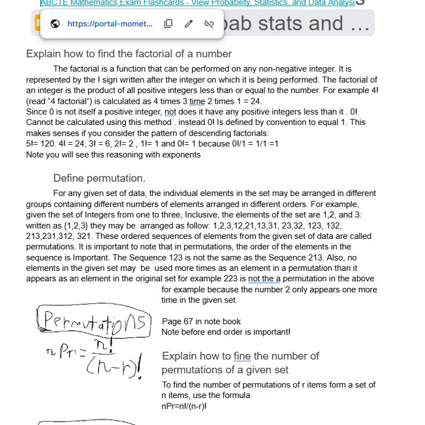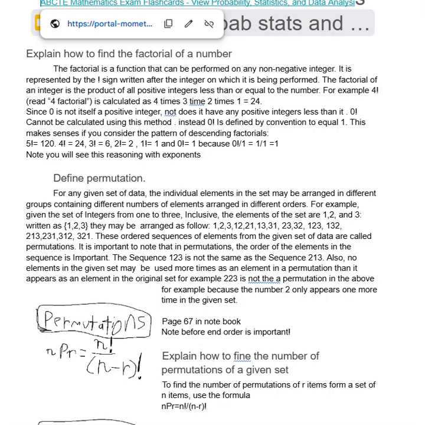Since 0 is not itself a positive integer, it does not have any positive integers less than it. 0 factorial cannot be calculated using this method. Instead, 0 factorial is defined by convenience to equal 1.